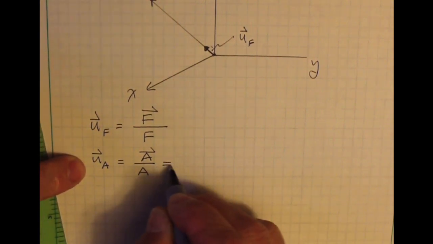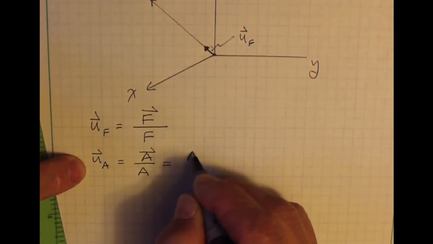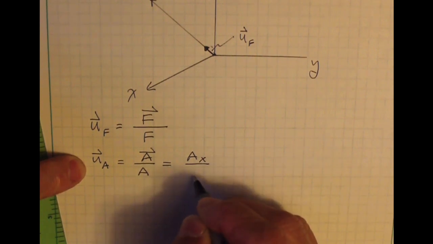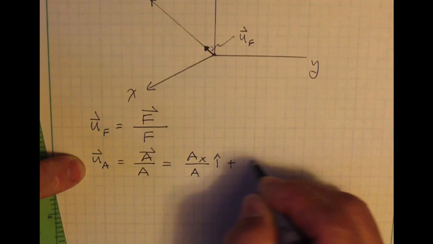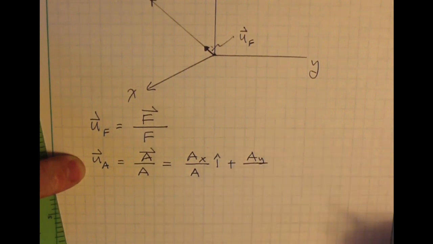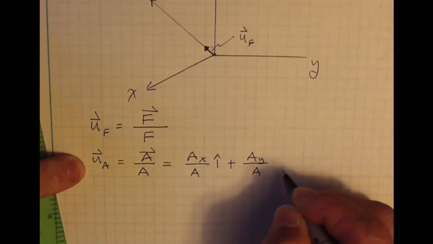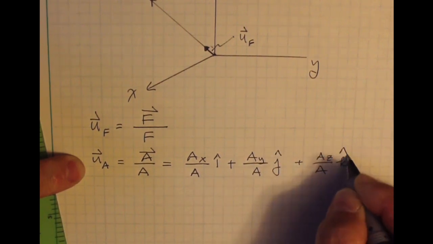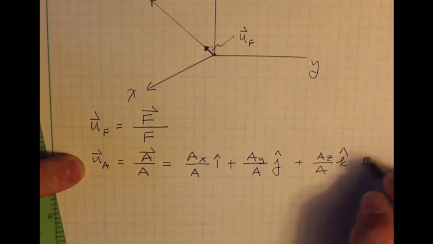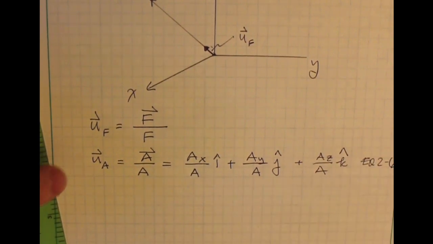So we can express this as the x component of A divided by the magnitude of A, i, plus A sub y over the magnitude of A in the j component, and likewise for the k component. And this is equation 2-6.